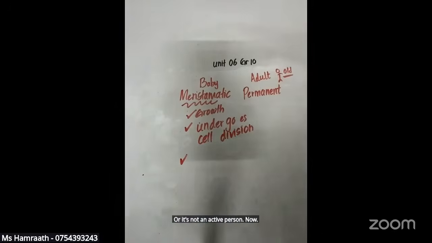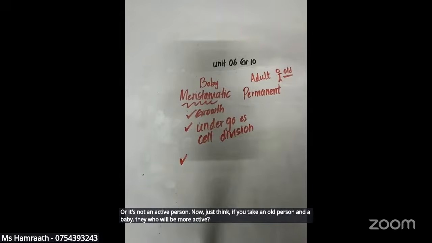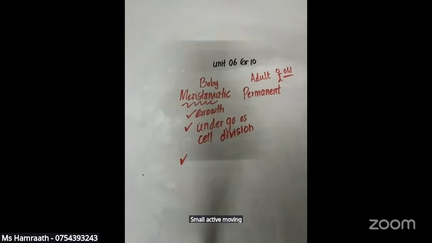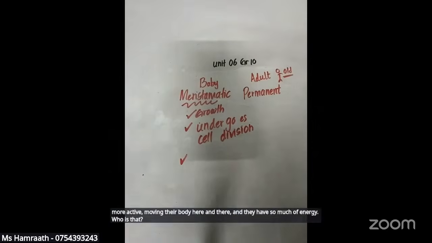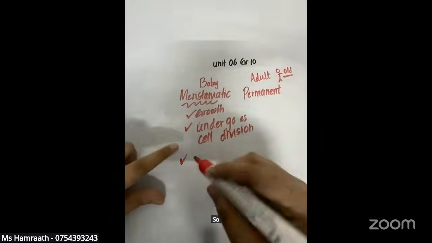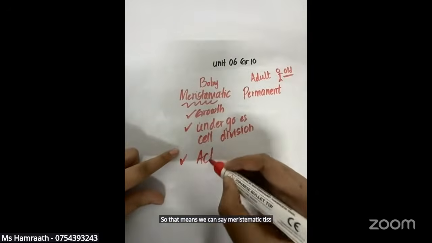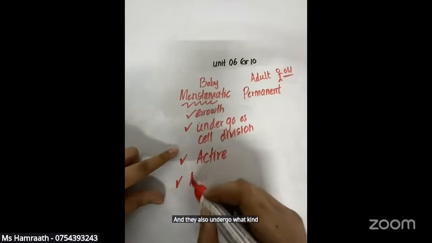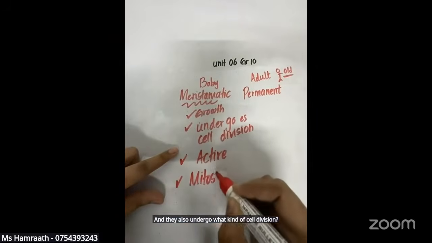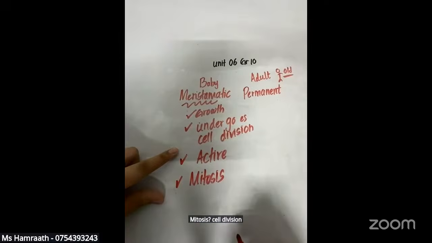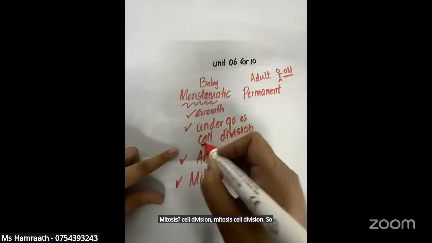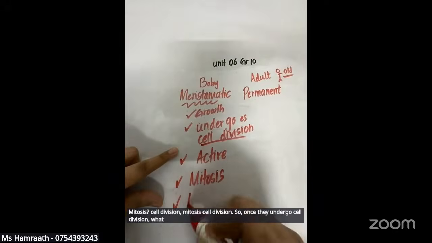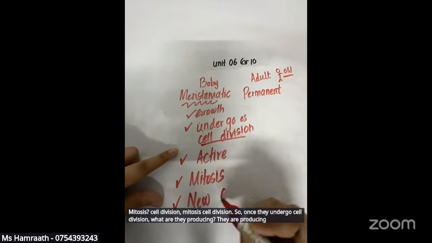If you take an old person and a baby, who will be more active, moving their body here and there with so much energy? The baby. So we can say meristematic tissue is active, and it undergoes mitosis cell division. Once they undergo cell division, they are producing new cells.